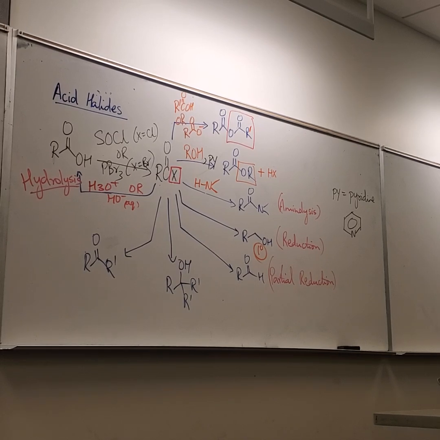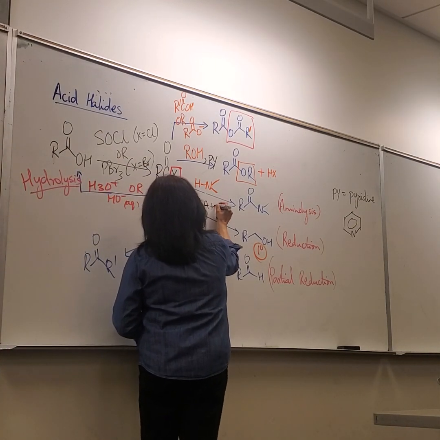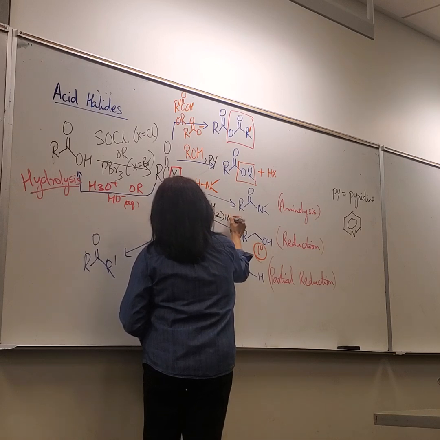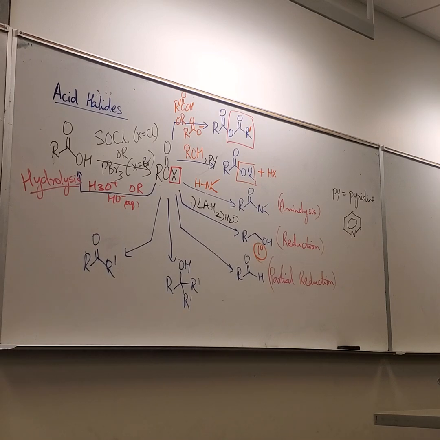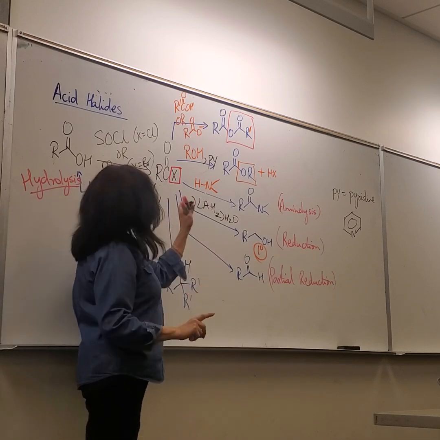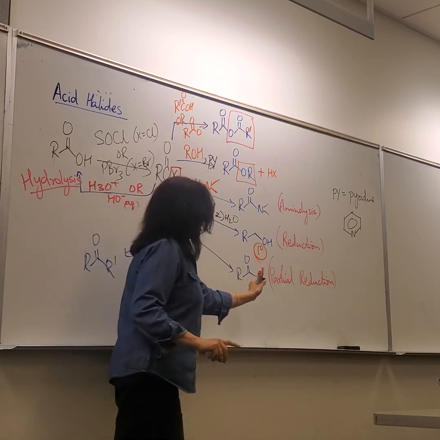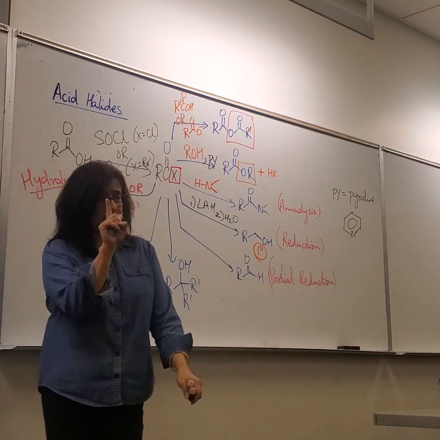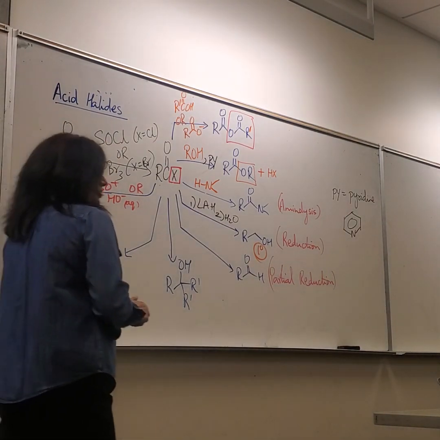Which one is that? Okay. Exactly. But now we are converting, I'll get to that. Well, why not? Let's just do it. But here is a single stage reduction because you're going from an acid halide to an aldehyde. Single stage reduction. Do I need a strong reducing agent or a weak reducing agent? Weak reducing. Which one?